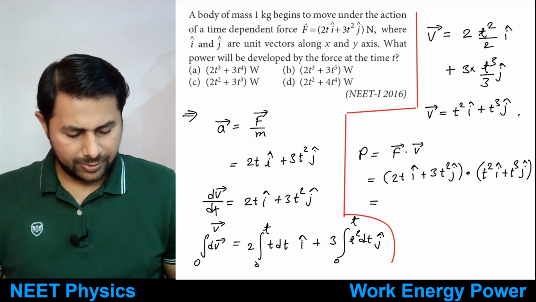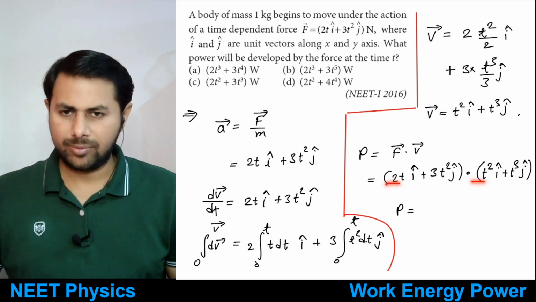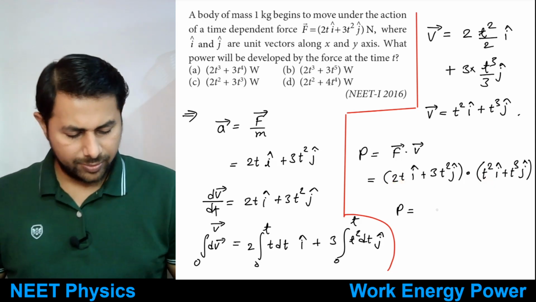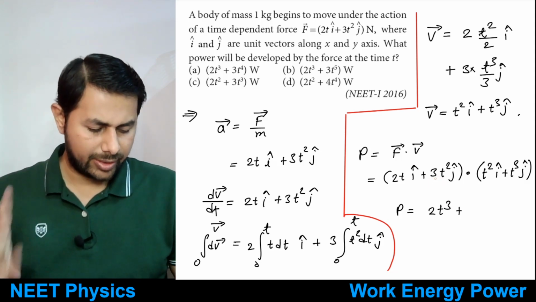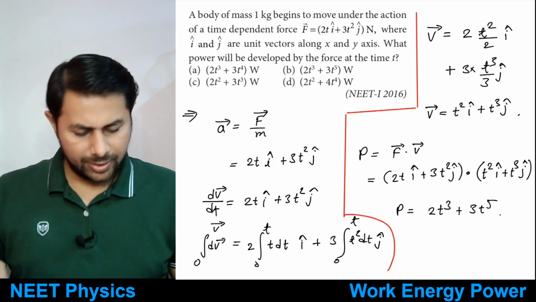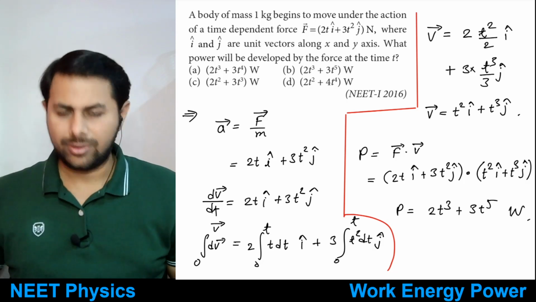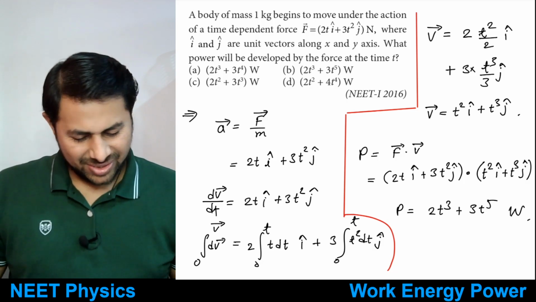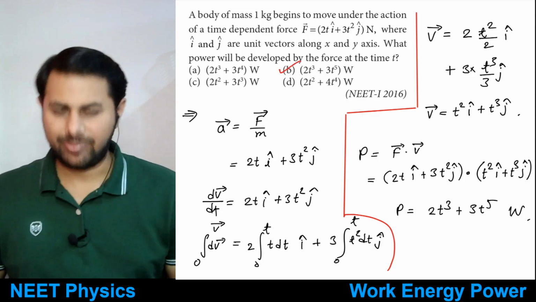So that is x component with x component, 2 times t into t square, so that is 2t cube, plus y component with y component, 3t square times t cubed is 3t raised to 5, right? So 2t cube plus 3t raised to 5 watt. The unit of power is watt. So it is option B.